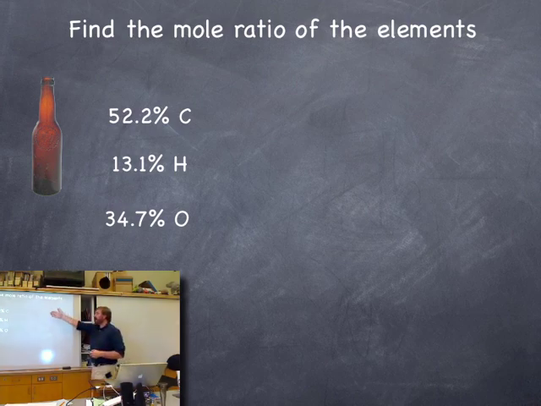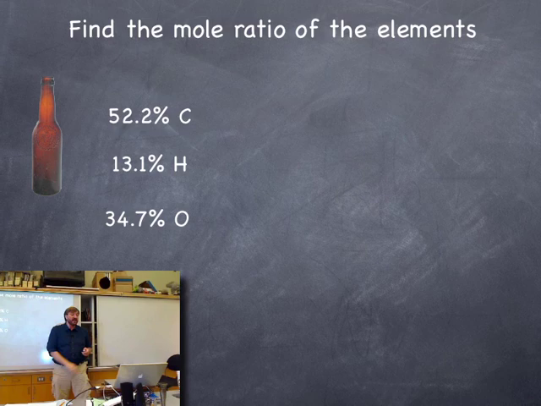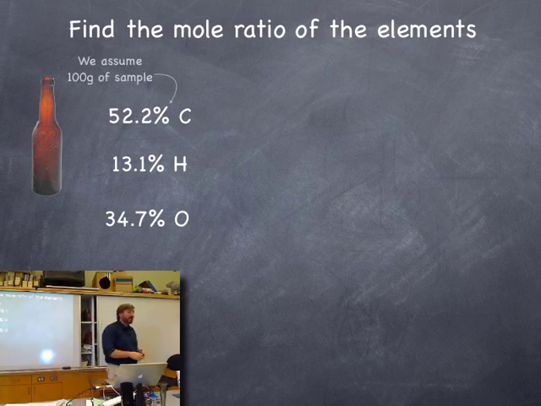If I have the percent composition, the easiest way to convert that into a mass value, into a number of grams, is to imagine a 100 gram sample. It doesn't actually matter how big your sample is, because a percentage is a ratio.